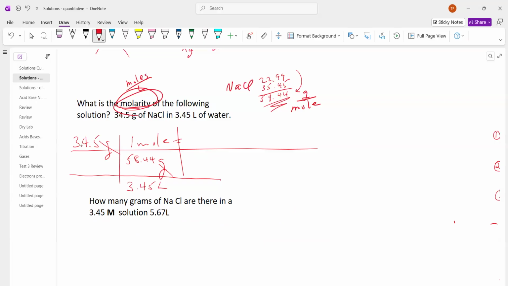Or in your calculator, you can do this all together. And the advantage of doing it all together is your calculator will take care of the sig figs for you. If you do it in 2 steps, I want you to do it by not rounding. You round in the end. Otherwise, you'll get rounding errors.